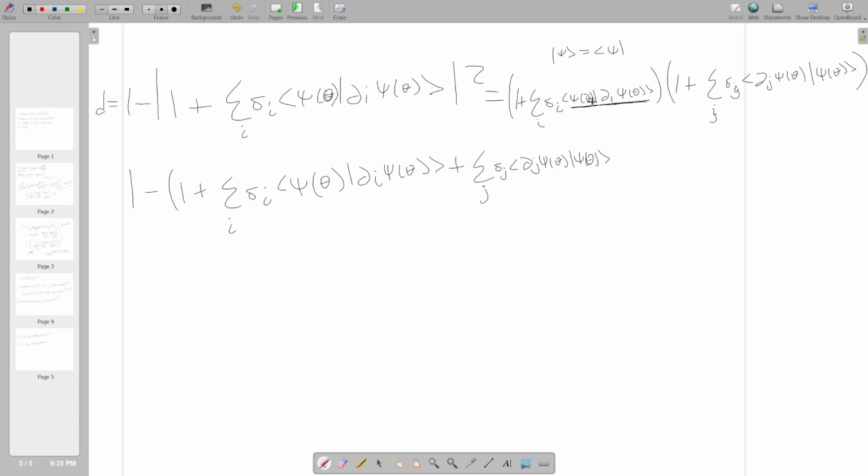And now we have that times that, so we have plus the sum over i this time, keeping track of these variables as best as possible, since that's a j, the partial i. And now we're going to have this multiplied by this j.